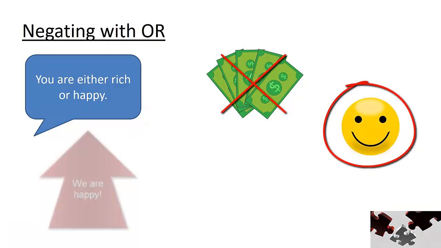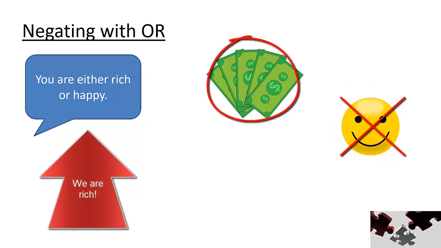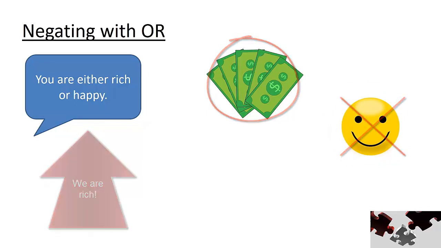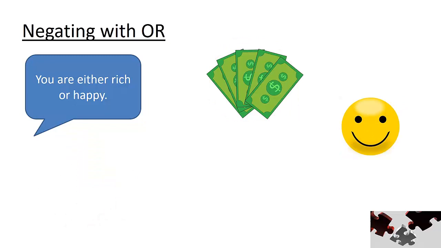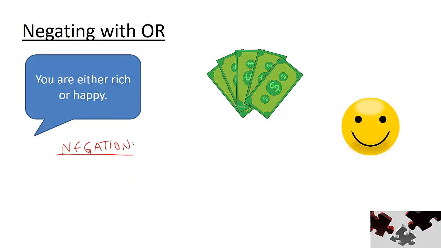Well, if we are not rich but we are happy, this is okay. If we are not happy but we're rich, this is also okay. So the only way we would not be content is if we were both not rich and not happy. So the negated statement is you are not rich and not happy. Would you be able to summarize how we got the negated statement?